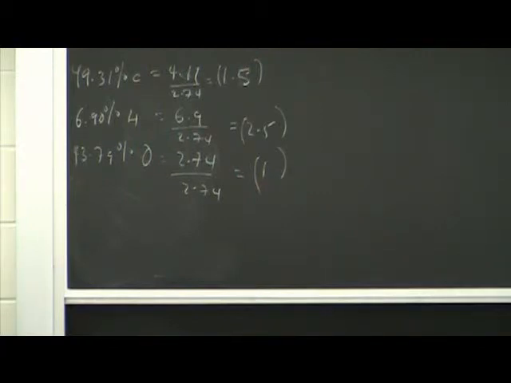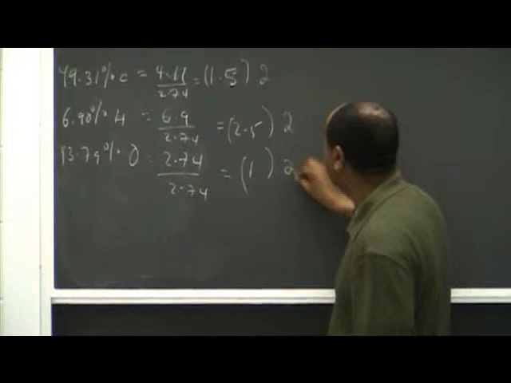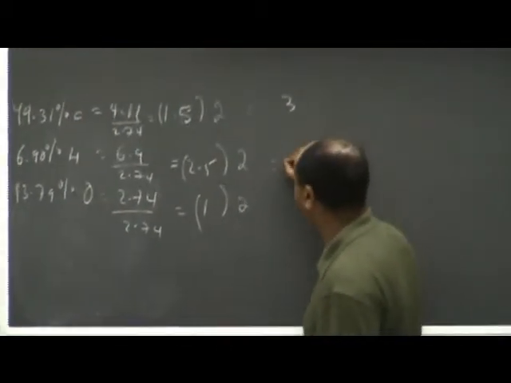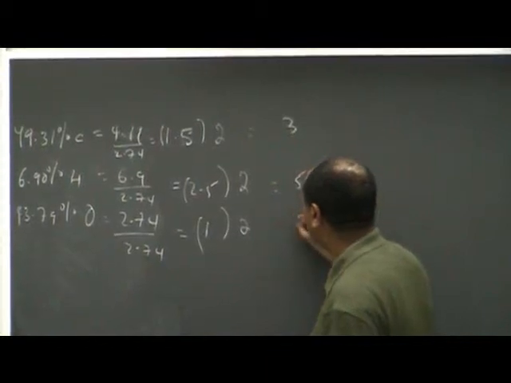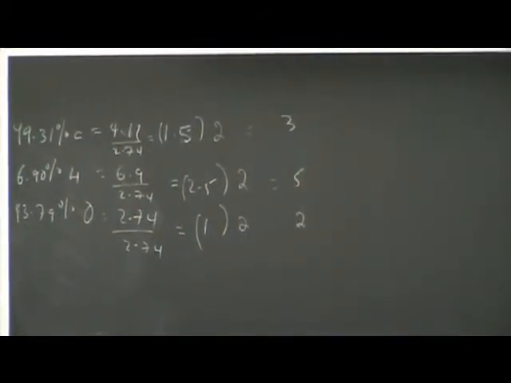So you can pick the smallest number, 2. You multiply this by 2, this by 2, this by 2. What do you get? 3, 5, 2. Now this is good. This is a whole number. This can be used as a subscript.